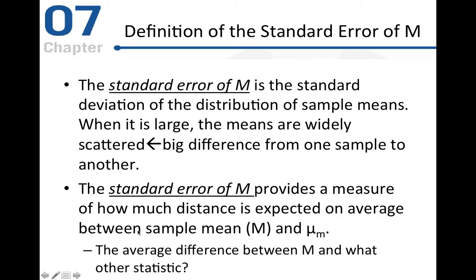So if this gives us information on how much distance is expected on average between the sample mean and the expected value of the mean of a sampling distribution, it also gives us information on the expected distance on average between the sample mean and the population mean, because this statistic is equal to the population mean. That's why the mean is an unbiased statistic.